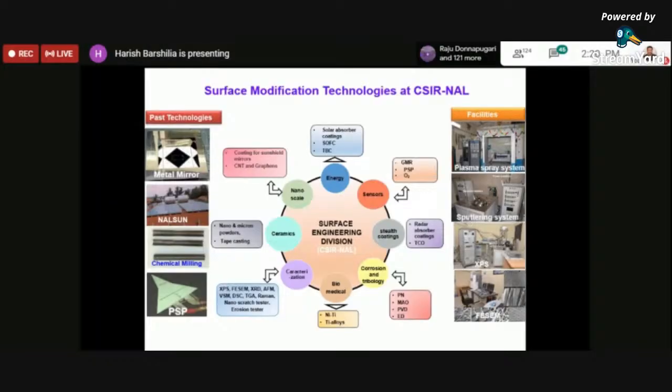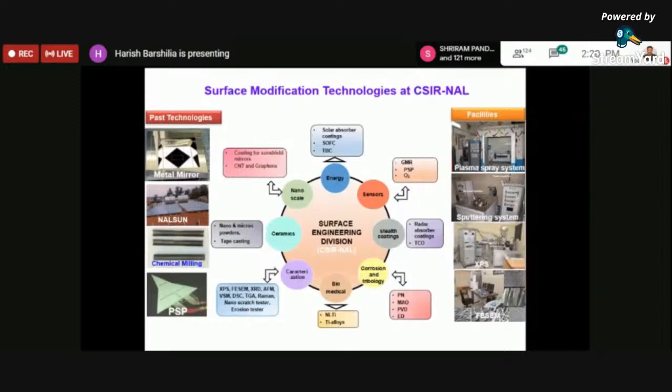Being in the aerospace sector, we work on strategic materials such as radar absorbing coatings and invisible materials and coatings. We also work on transparent conducting oxides, which are transparent, but electromagnetically they have some unique properties. Our core strength in the department is in the area of tribology and corrosion.